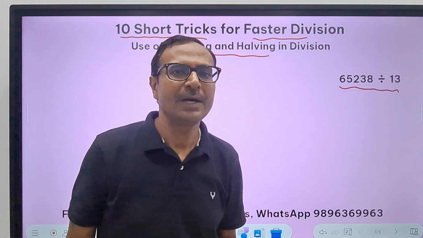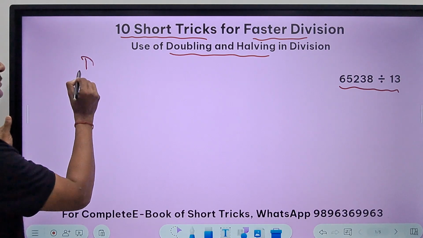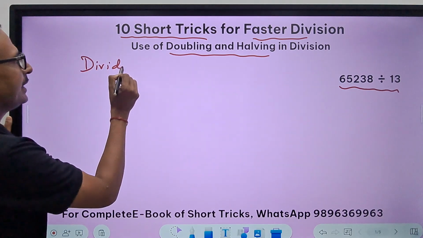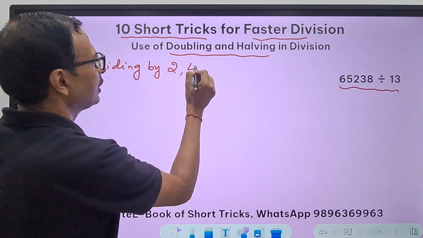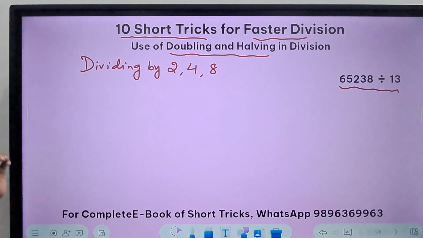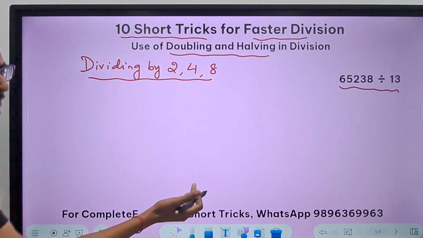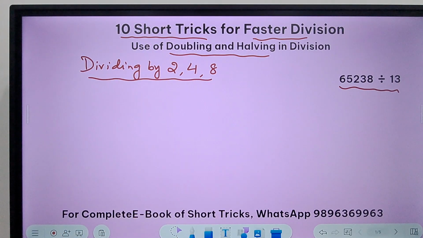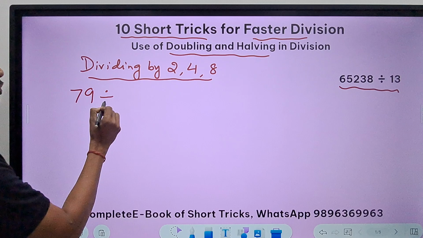I'll demonstrate by taking the example of dividing by 2, 4, 8. These are multiples of 2, right? I'll take only these three, and then you can generalize it to other numbers also. Let's take the first example, 79 divided by 2.